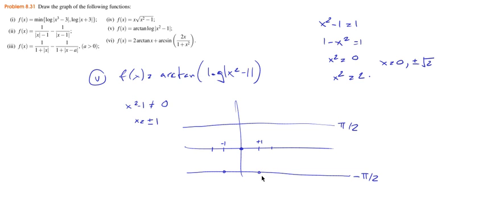So this is going to be decreasing like this. You can check the concavity by computing the second derivative, but there's no need here.